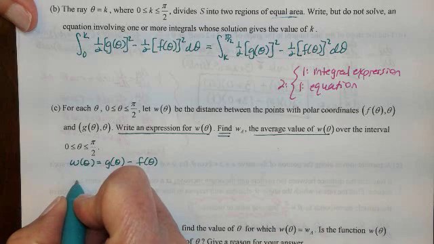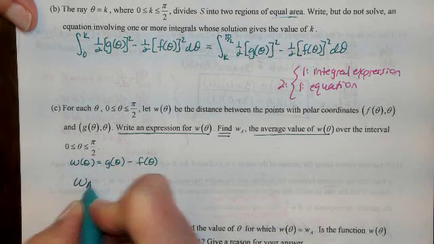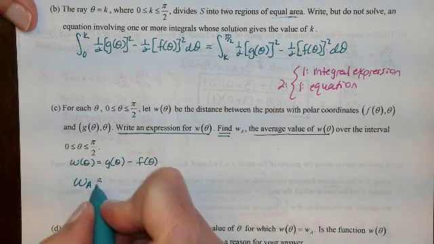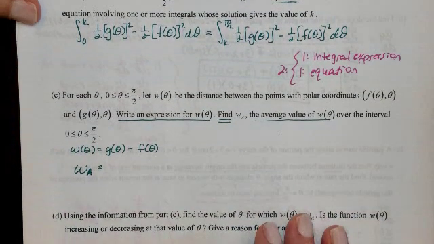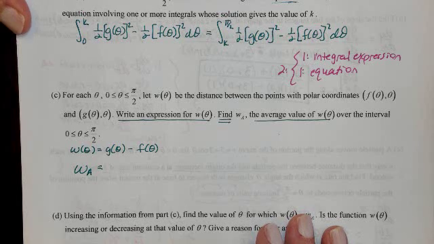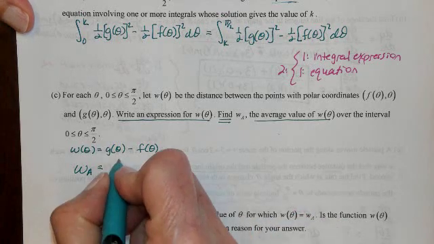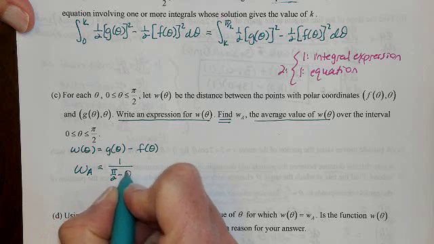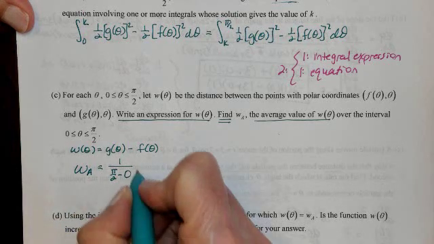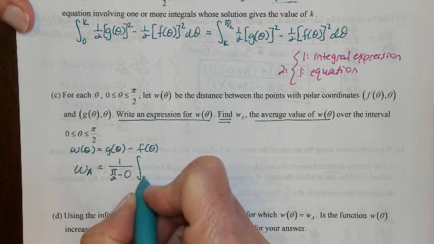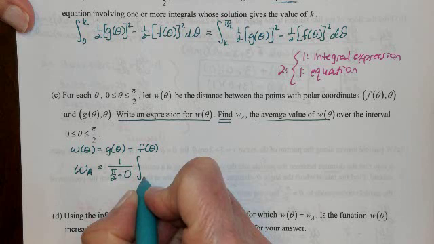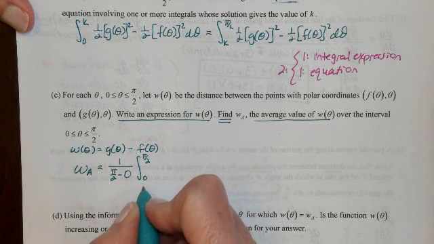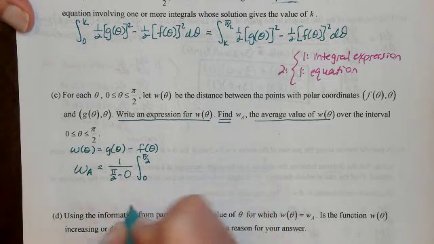So the average of w, and they tell me to name it w sub a, will equal, do I know the formula for the average value of any function? I do. It's 1 over b minus a, integral from a to b of whatever I'm averaging, from 0 to pi over 2.